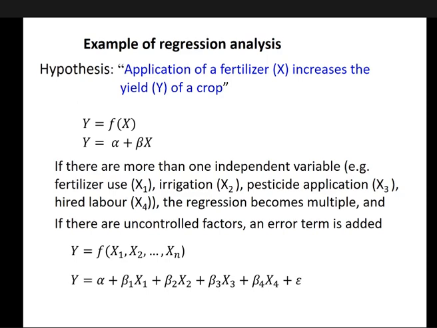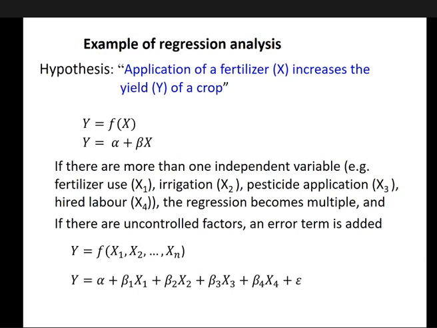But if there is more than one independent variable, for example, you have use of fertilizer X1, you have irrigation, water application, that is X2. We have pesticide that we apply, that is X3. We have use of hired labor, X4, and so forth. In that case, the regression becomes multiple because you have more than one independent variable, and still it is specified building on what we have seen in the first equations.